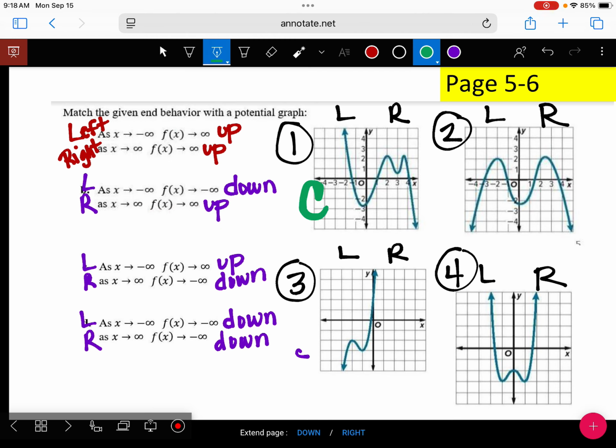So that would be my answer. All right, number two. Which one down, down? D. Number three. So we're looking for the one that says down and then up. B. And then lastly, which one goes up, up? A.